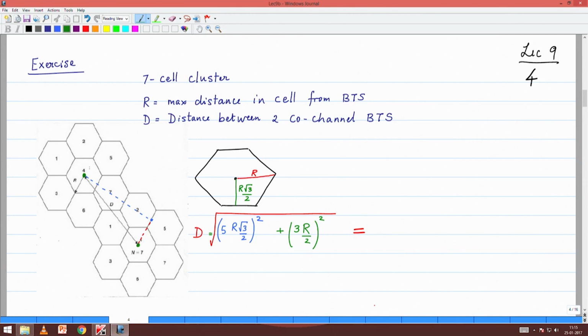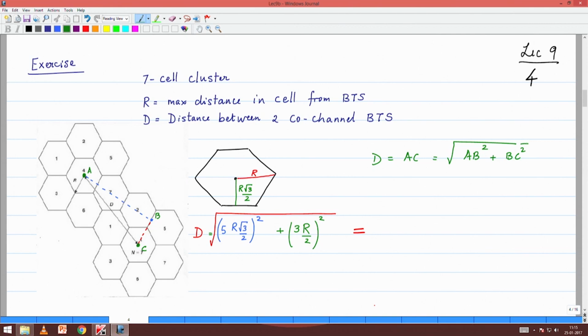Let's call those points A, B and C. So D is equal to AC, the square root of AB squared plus BC squared. That's the easiest way to do it, because there's a lot of interesting symmetry.